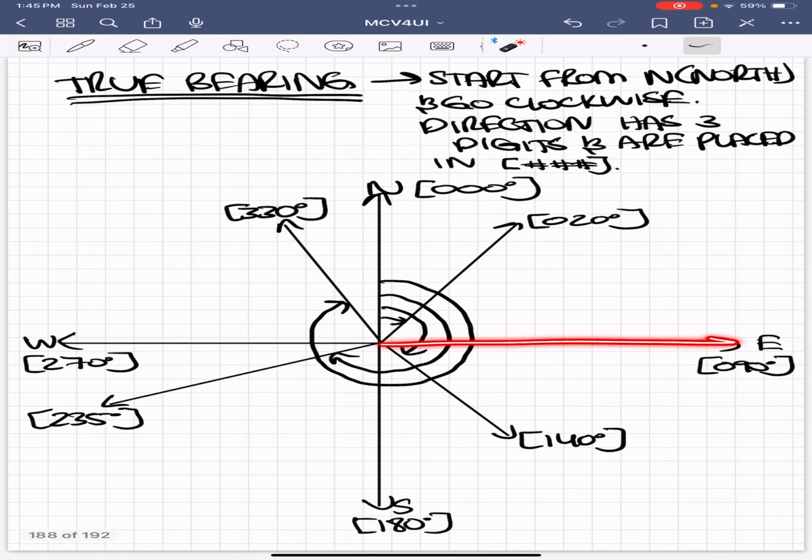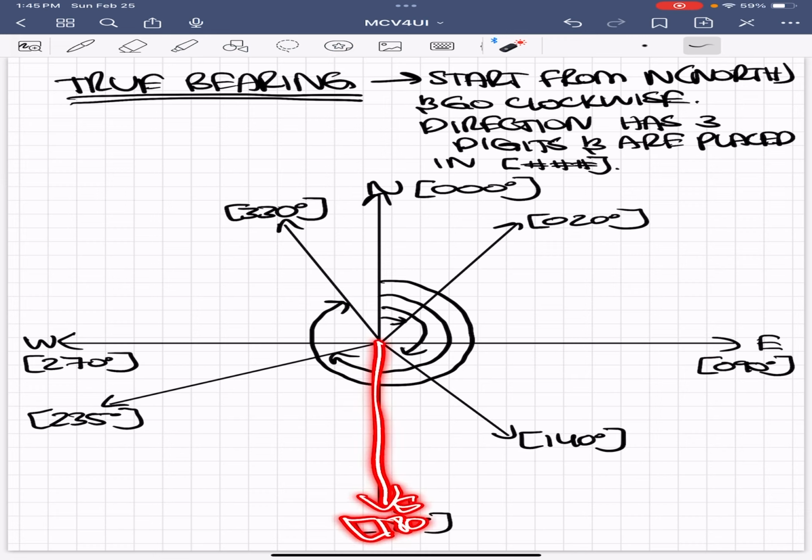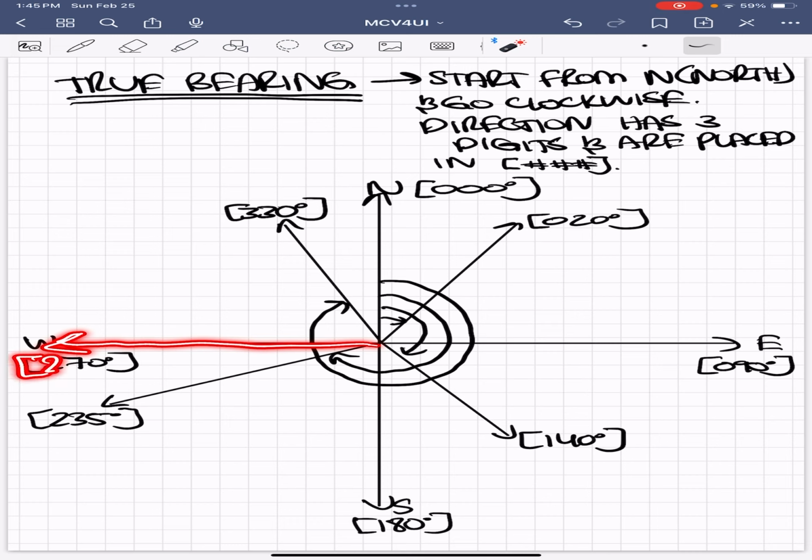If it's pointing east, then the degrees would be 090 degrees. If it is pointing south, it would be 180 degrees. If it is pointing west, it would be 270 degrees.